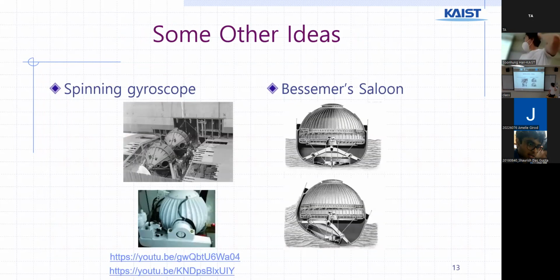Here there are some other ideas that people imagined. First there is the gyroscope. There is a video for that as well.